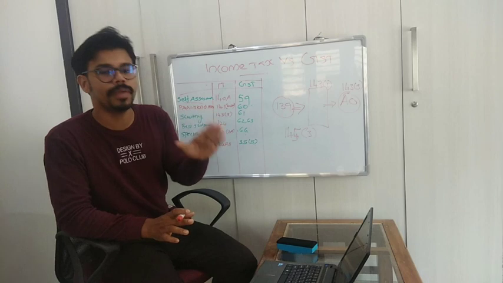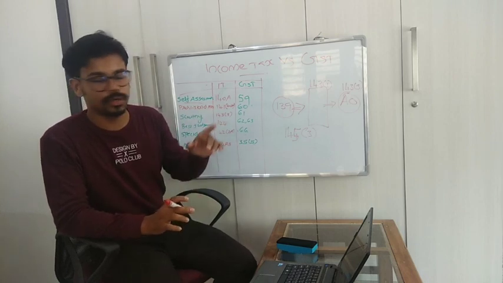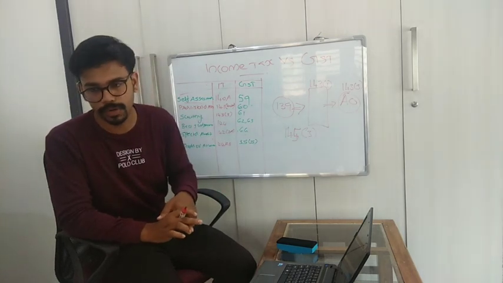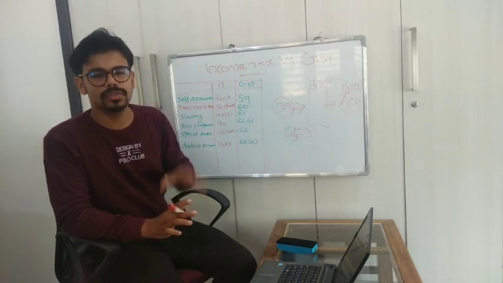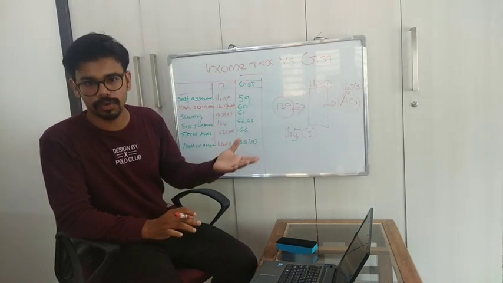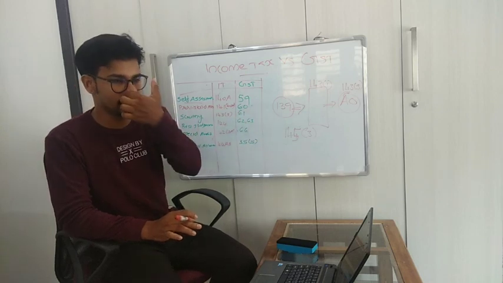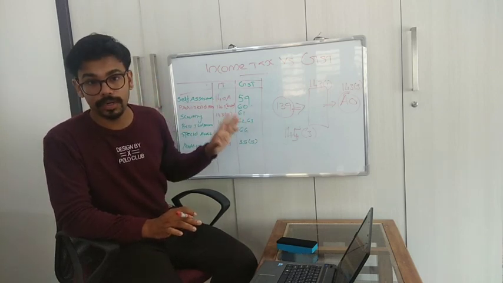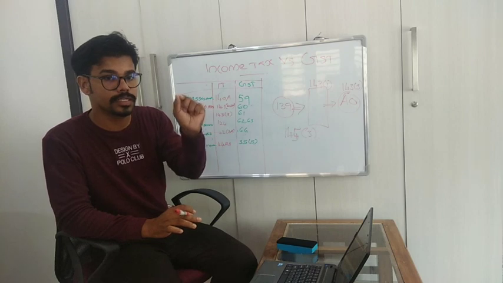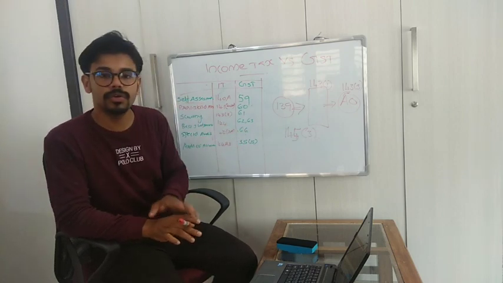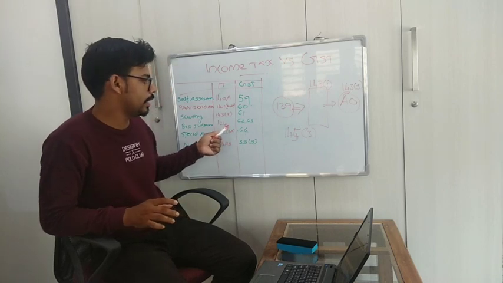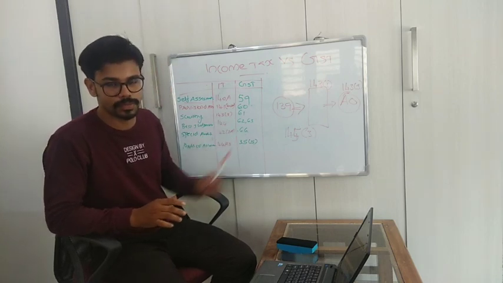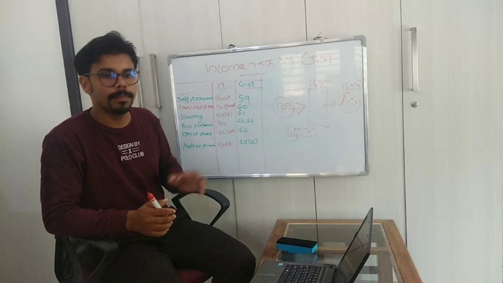That means it is not mandatory for the assessing officer to carry out the best judgment under section 145.3. 145.3 says that if the assessing officer is not satisfied with the books of accounts maintained, he can invoke the best judgment, but it is not mandatory, because the word used there is may, but 144 uses the word shall. So if you want, you can add this also: 145 subsection 3 also talks about the best judgment.